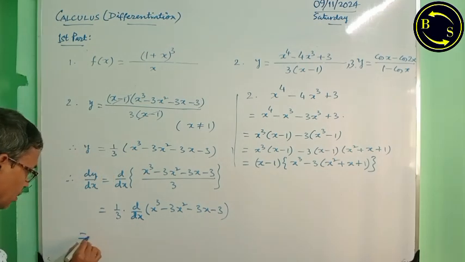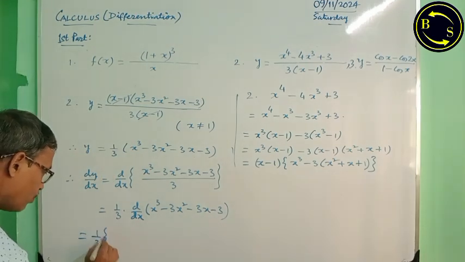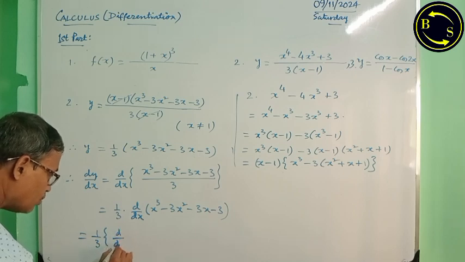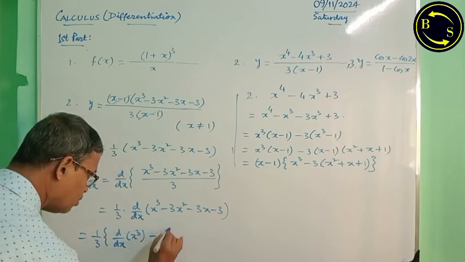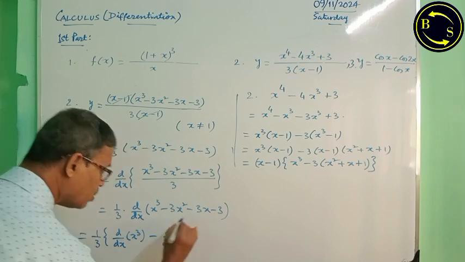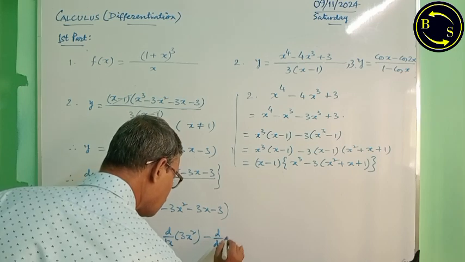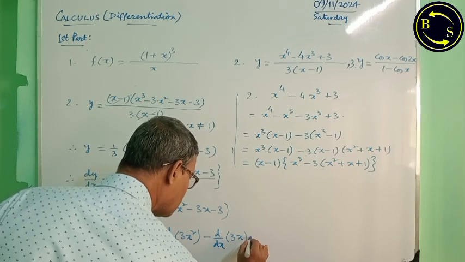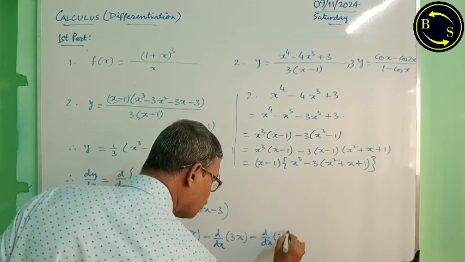Now we apply the fundamental theorem. d dx x cube minus d dx 3x square minus d dx 3x minus d dx 3.